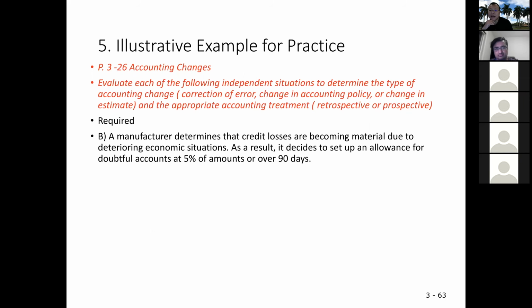So they decide to set up an allowance for doubtful accounts. For those amounts over 90 days, they apply the 5% rate here. Okay, tell me, which one is it? A change in estimate also? Should be a change in estimate, exactly. Okay, change in estimate, right? Okay, so what is the percentage before?